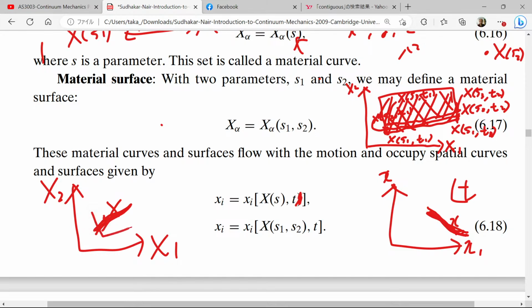If you have some area or surface in material space, at a later time there is also a surface in spatial coordinates. That's it.